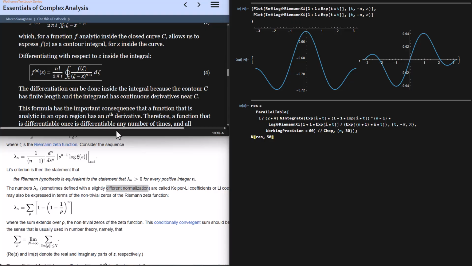It really does not affect the criterion, because you recall that the Riemann hypothesis equivalence only says that these lambda n's should be greater than 0. So it really doesn't matter if you have exactly n minus 1 factorial or n factorial in this case. And then let's take a look at the expression.